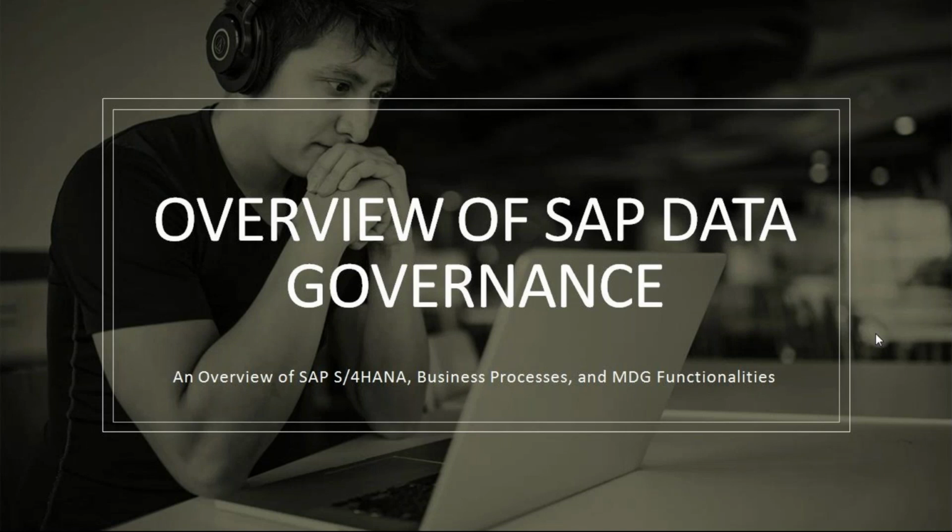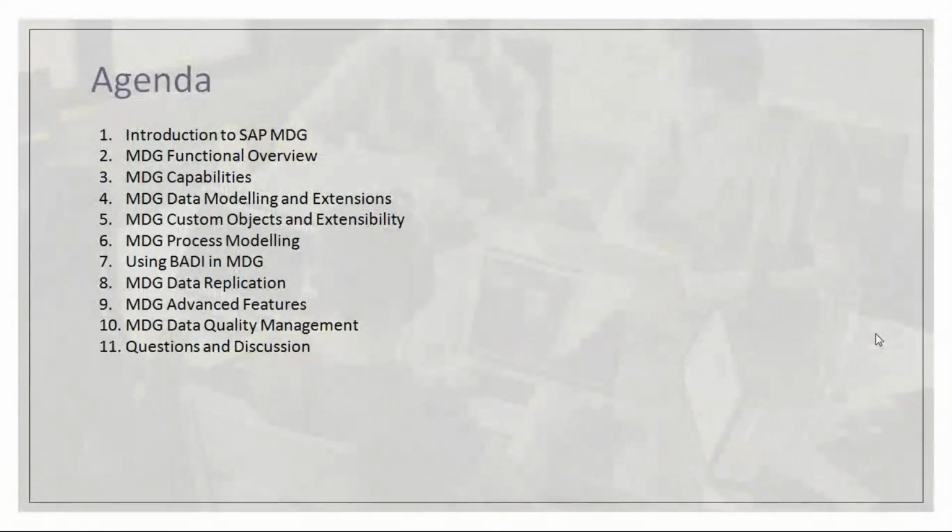The topics are: introduction of MDG, MDG functional overview, MDG capabilities, MDG data modeling and extension, MDG custom object and extensibility, MDG process modeling, using BRF+ in MDG, data replication, some of the advanced features in MDG, data quality management in MDG, and question answers.